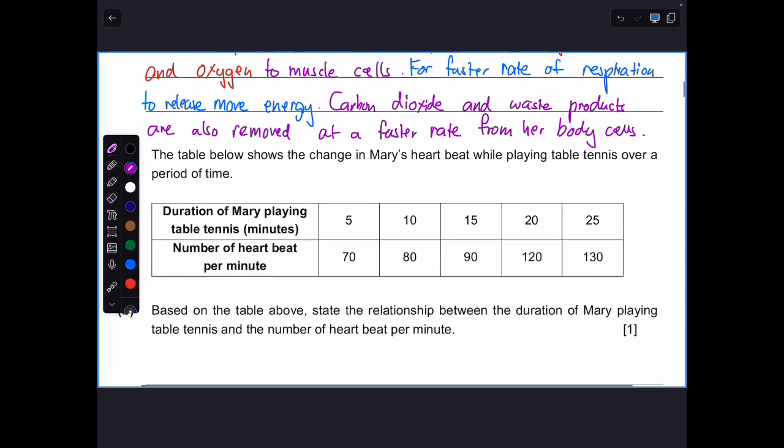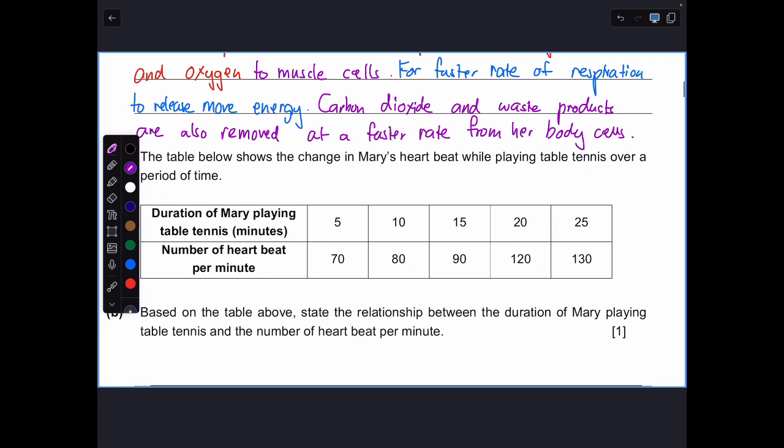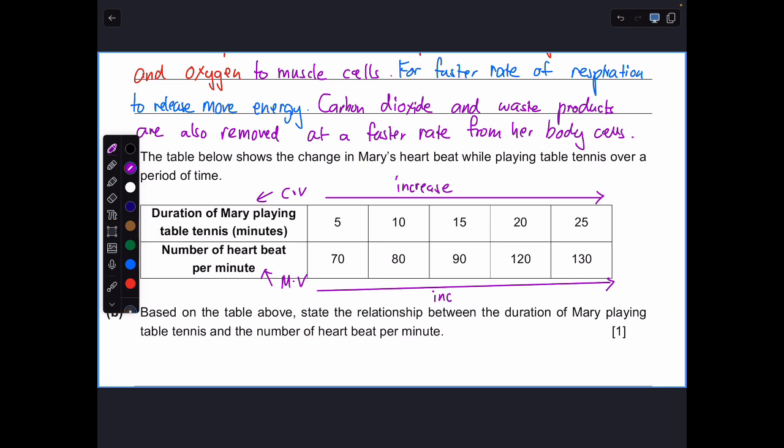So the next part, this is a table. The table below shows the change in Mary's heartbeat while playing table tennis over a period of time. So this is actually your change variable. Annotate change variable. This has to be your measured variable. Draw arrows. This is actually increasing, and this is actually increasing also.